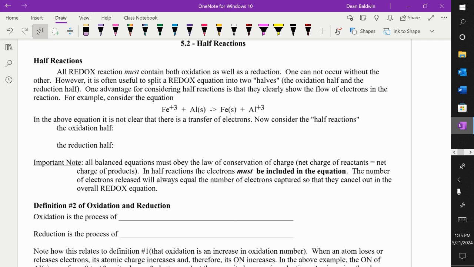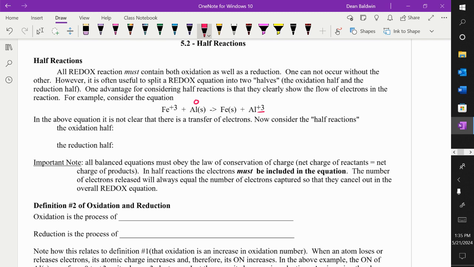So which atom or ion is being oxidized? Which one is losing electrons? Which one's oxidation number went up? Aluminum in its natural state has an oxidation number of 0, and it went to plus 3, which means it lost 3 electrons.